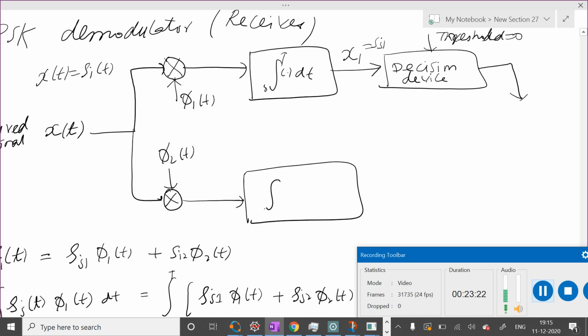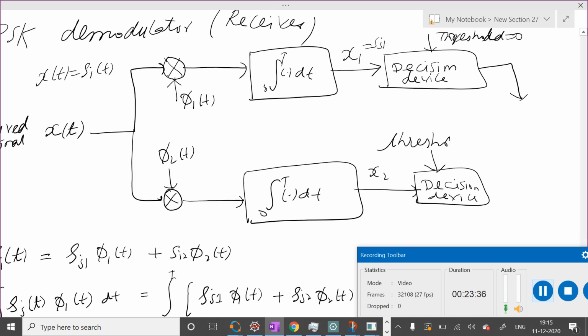Similarly, the same integrator here, I will get x2, I will have a decision device which will be fed with the threshold, and then I need to combine these two bits. So see, the upper one will be the odd bit decision, the lower one will be for the even bit decision.